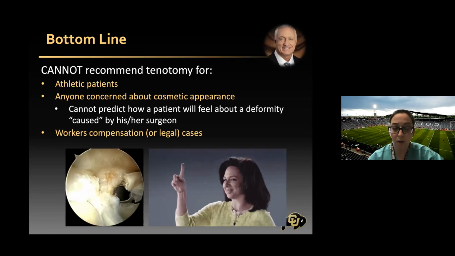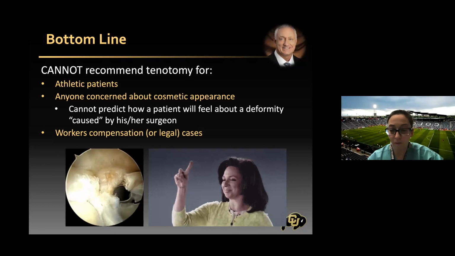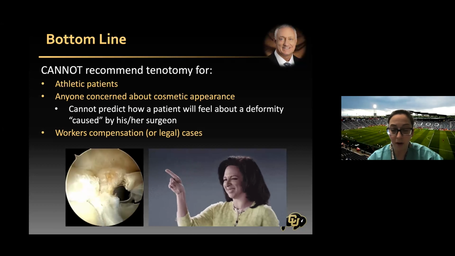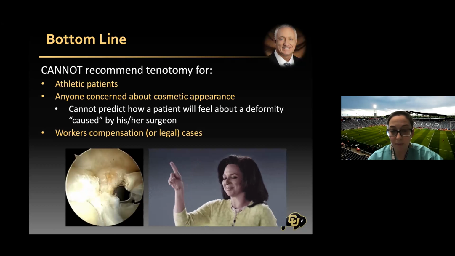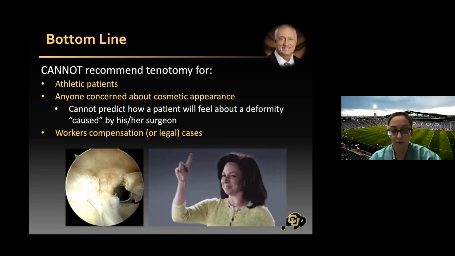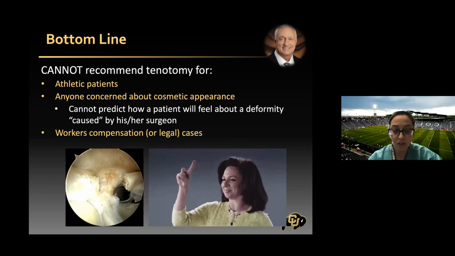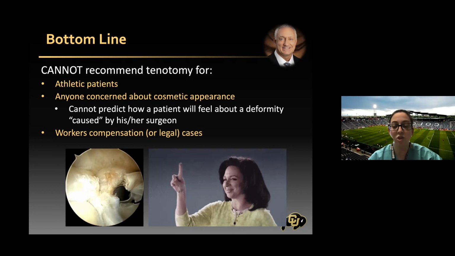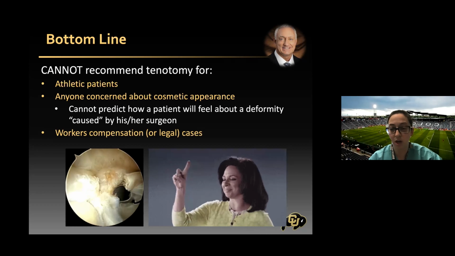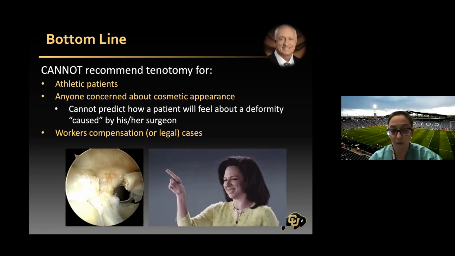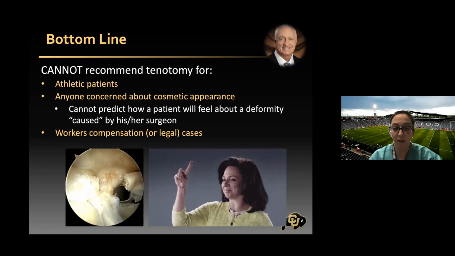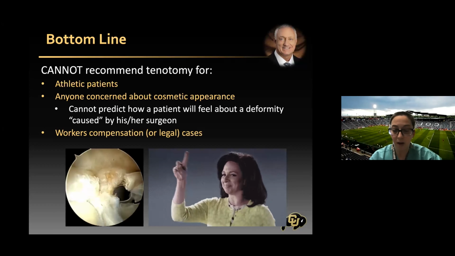They come in with pain and they come out with a deformity, and you're the only one that intervened. Some patients will blame the surgeon, even if you document, even if you've had extensive conversations about the potential for cosmetic deformity. Once they see it, they may not feel as strongly as they did in the preoperative discussion, and they may blame you as the surgeon for causing that cosmetic Popeye sign.